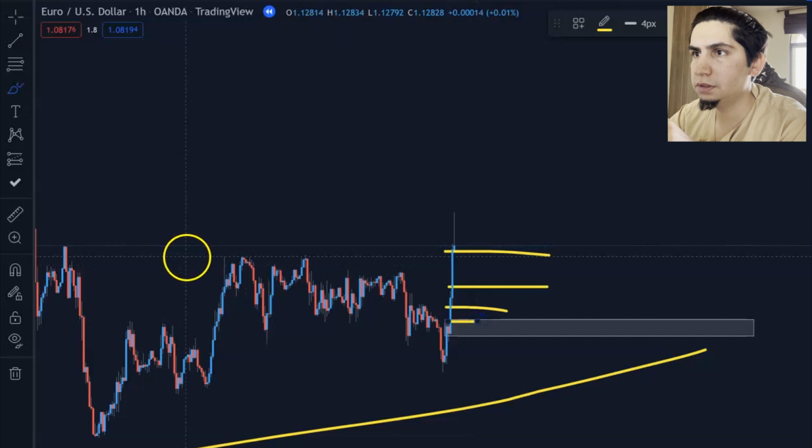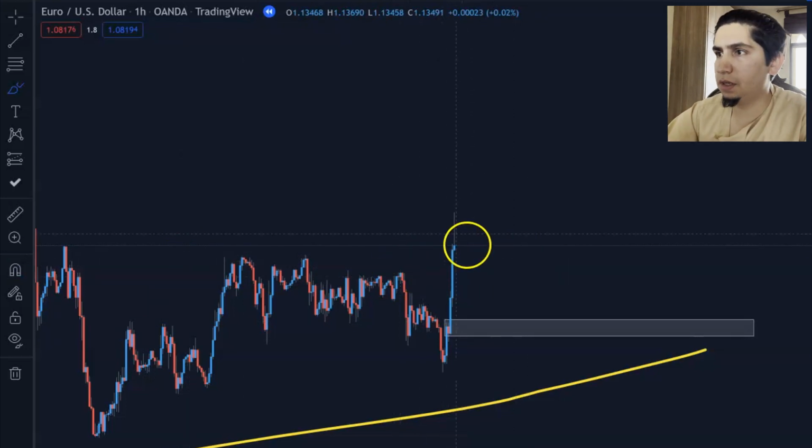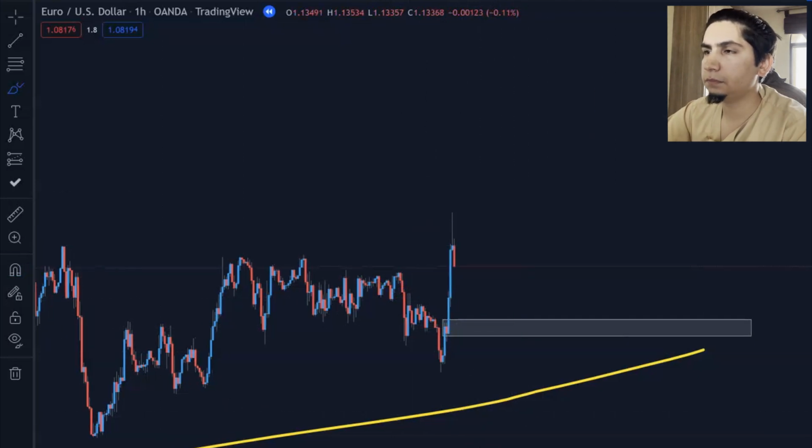And also this was the structure that we broke above, okay? We expect price to come back to this level and have some sort of reaction. So let's play it. And by the way, guys, this is a very simplified version of smart money. There's so many other areas that I'm gonna briefly mention in a bit.